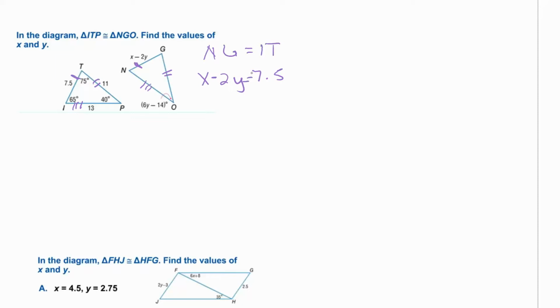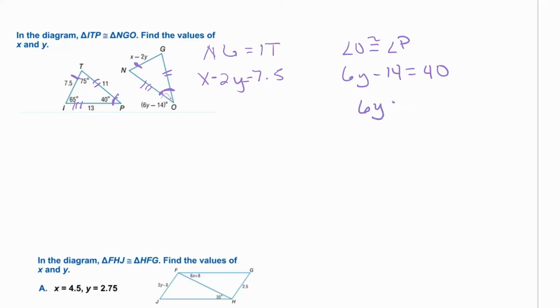We also know that angle O is congruent to angle P. So 6y minus 14 equals 40. If I solve this second equation for y, I can plug the y back into the first equation.